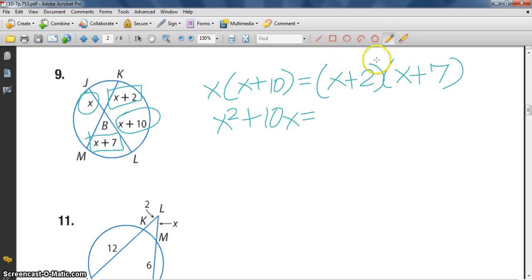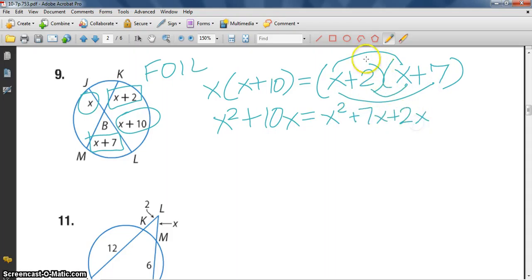And if we FOIL, or double distribution, we would get first times first, outside times outside, inside times inside, and last times last.